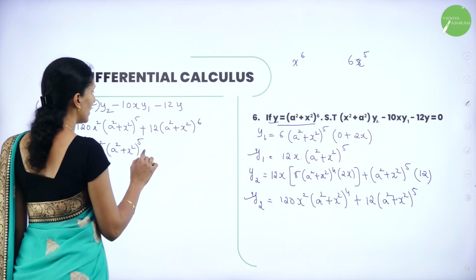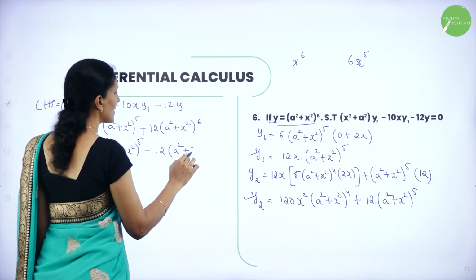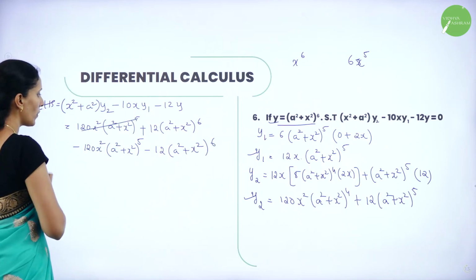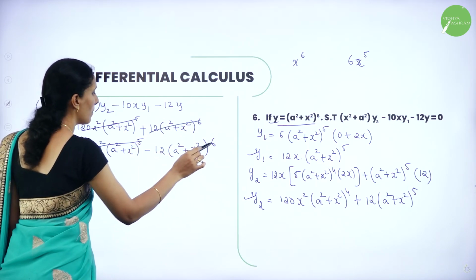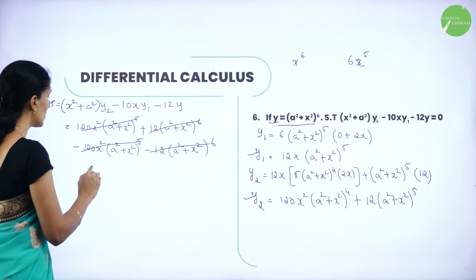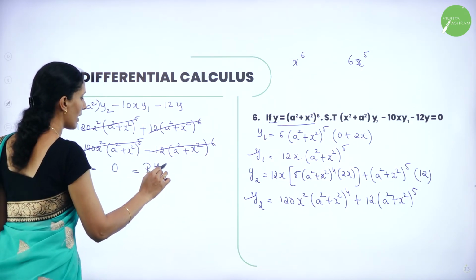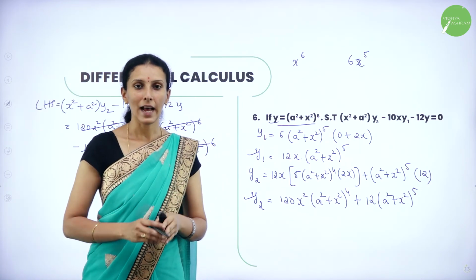Multiply by minus, then it becomes minus 12 (a square plus x square) whole to the power 6. You can see plus 120x square and minus 120x square, 12 and minus 12 get cancelled. So the result is 0. That is equal to the right hand side. Hence, we have proved the given identity.